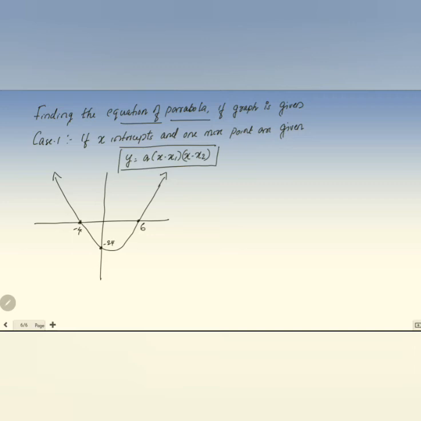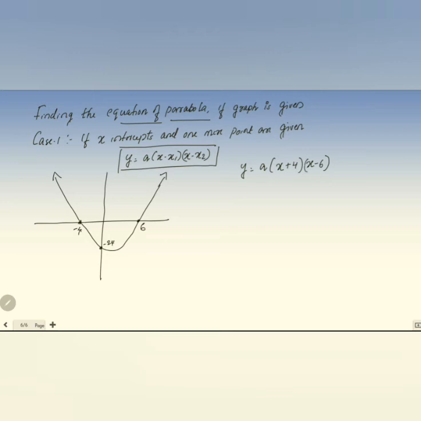Let me write the formula once again. y is equal to a times (x minus x1), where x1 is the first x-intercept. I am writing minus 4, so x minus of minus 4 is x plus 4. Then x minus x2, where x2 is 6. See, I substituted the x-intercepts, so the equation becomes like this.